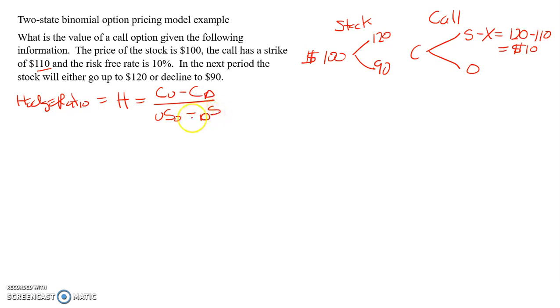So we've got 10 here, the call in the upstate, and 0 here. We divide this by the price of the stock in the upstate, 120, minus the price of the stock in the downstate. So we get 10 divided by 30, or 1/3.